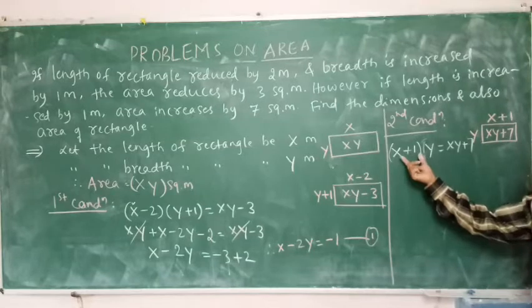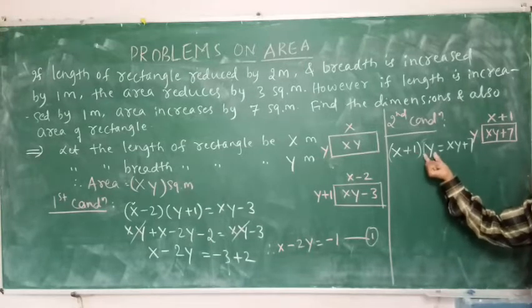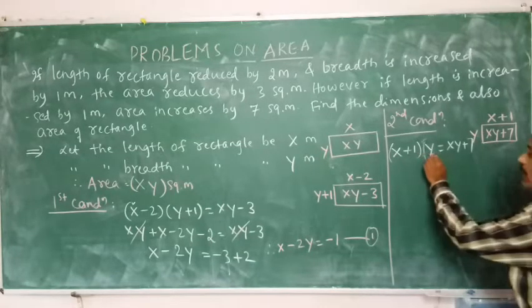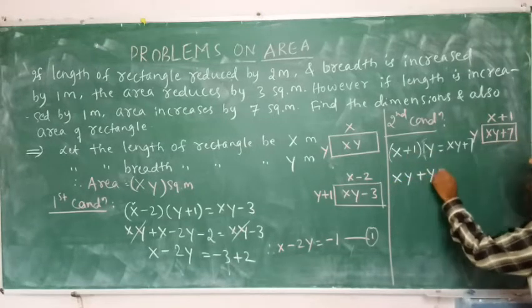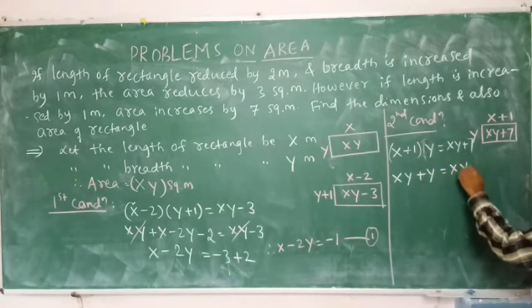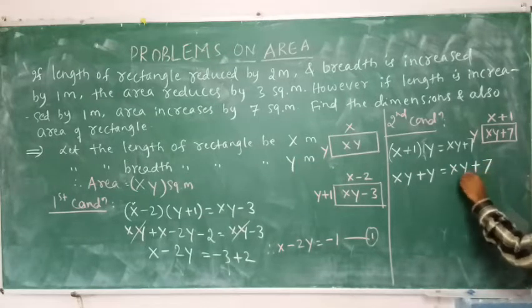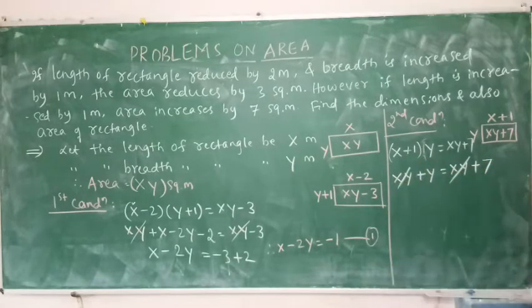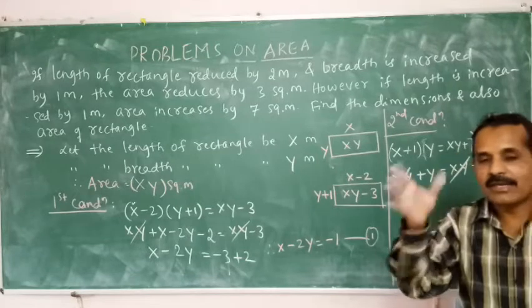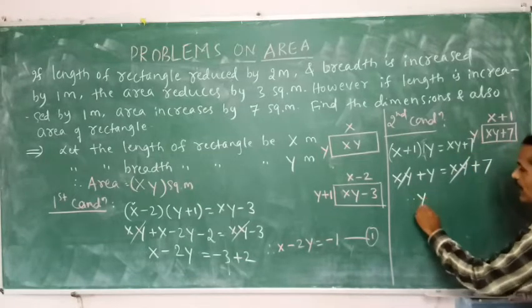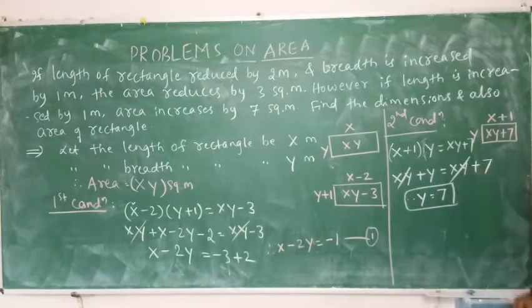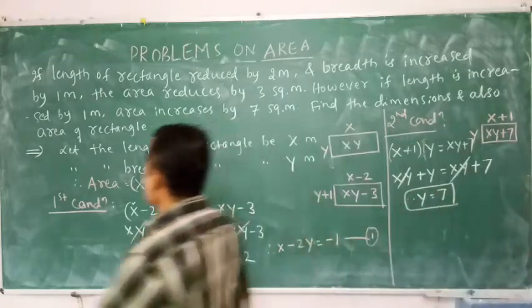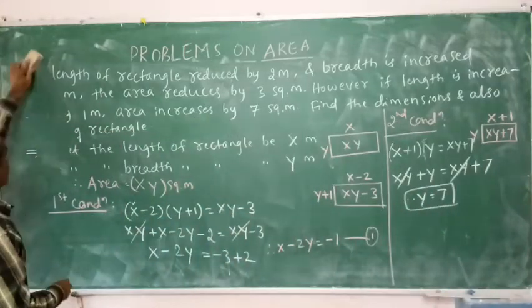Now it is binomial to monomial. y into x, xy, y into 1, y is equal to xy plus 7. xy gets cancelled. My dear children, you got the answer very easily. Therefore, y is equal to 7. You got one answer.